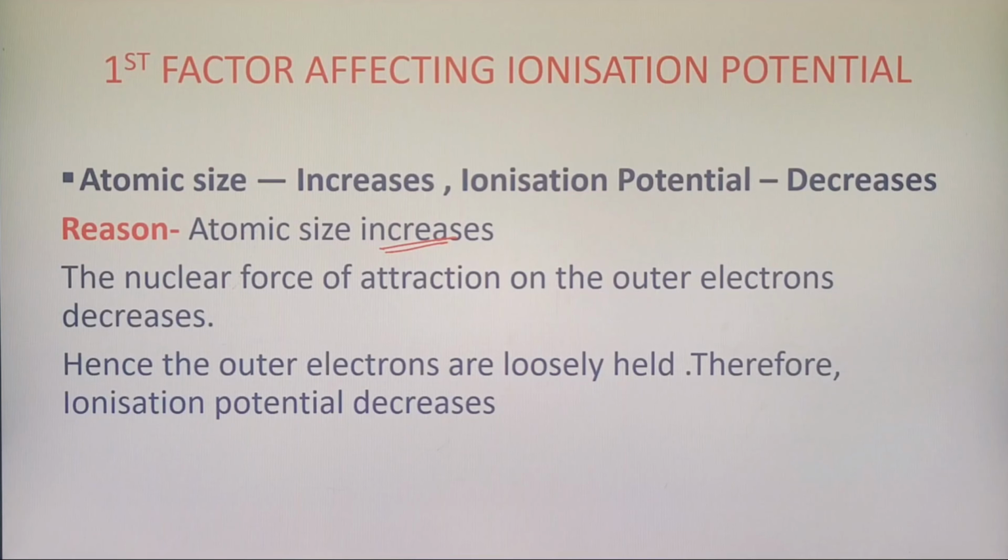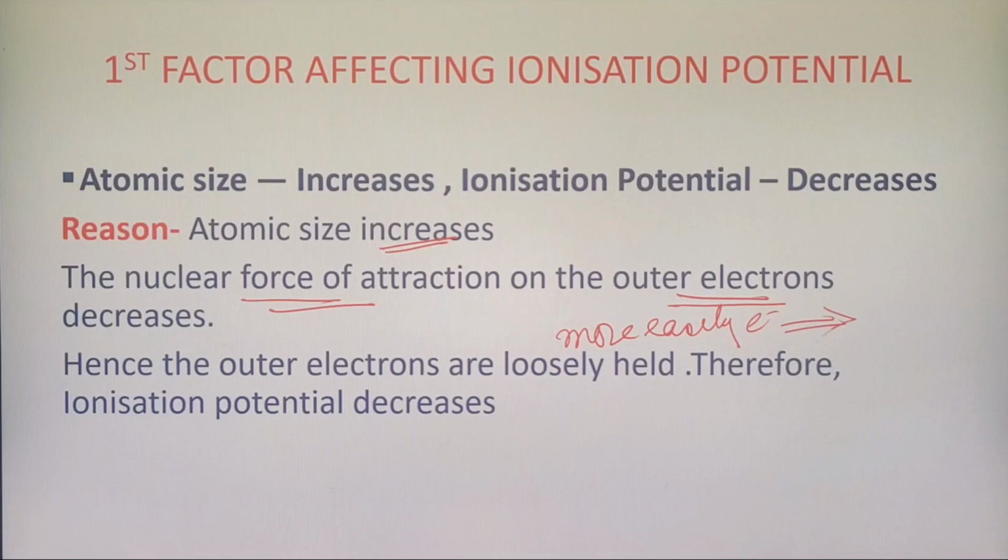So, as the atomic size is increasing, the nucleus is becoming farther away from the outermost electrons. So, what happens to the attraction, children? The attraction becomes less. The lesser the force of attraction, the more easily I can remove the electron.